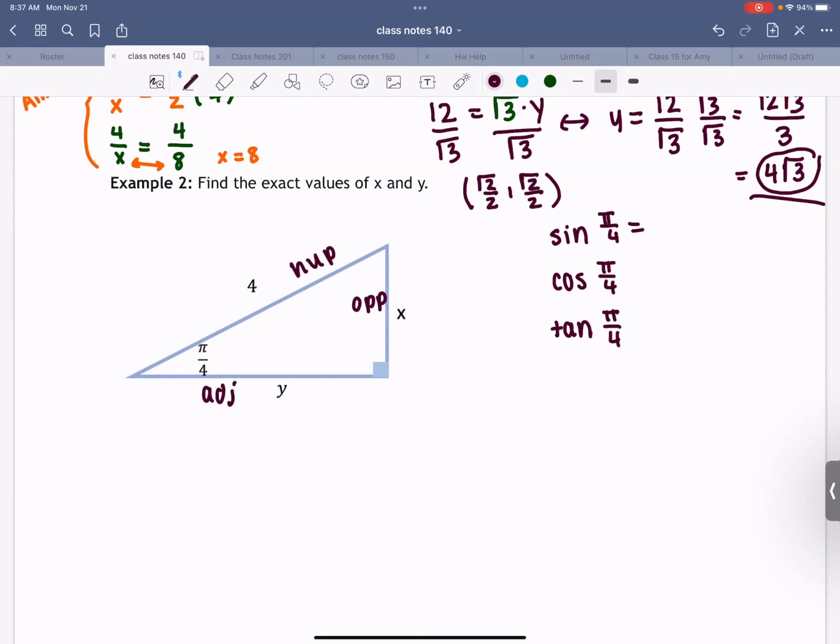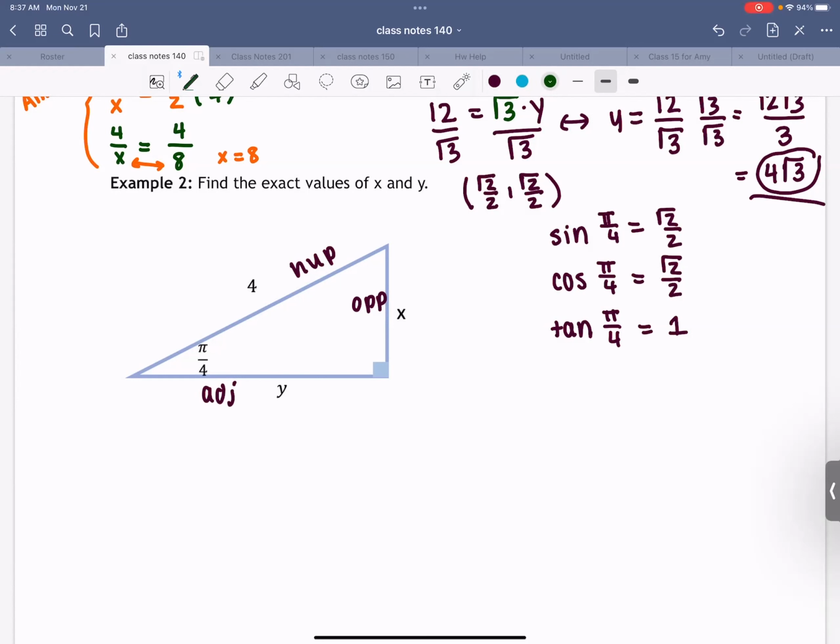I know that the sine of pi over 4 is the y value, square root of 2 over 2. Cosine is the x value, which is still square root of 2 over 2. And tangent of pi over 4, using my chart, is just 1. Now, I also can figure out these values using the triangle.